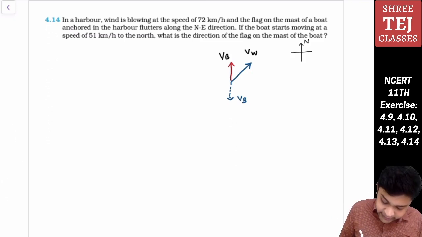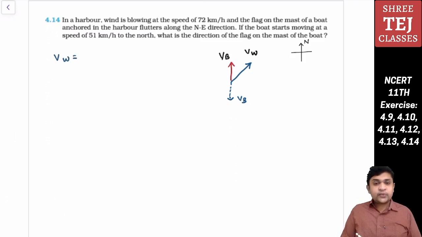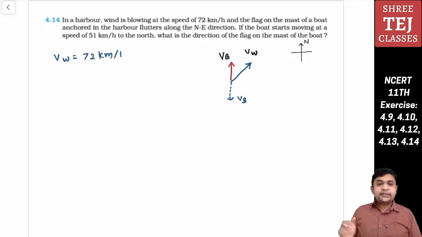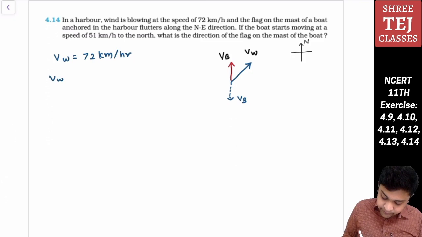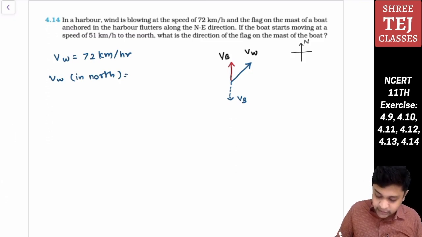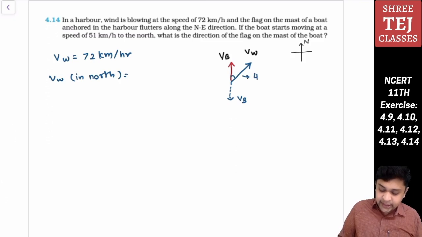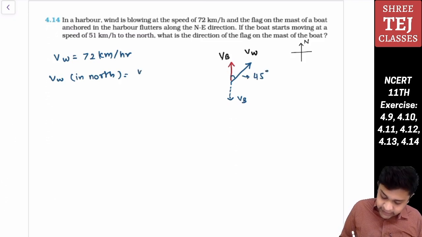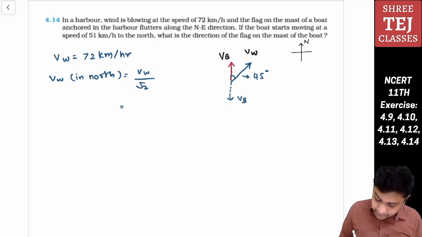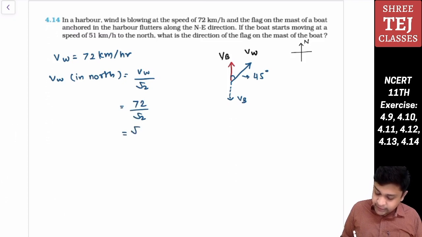Initially, the velocity of the wind is 72 kilometer per hour. So let us find the velocity of wind in the northward direction. Because it is exactly northeast, this angle would be 45 degree. So this would be VW upon root 2, because it would be cos of 45 degree. So it would be 72 upon root 2, which is root 2 multiplied by 36.